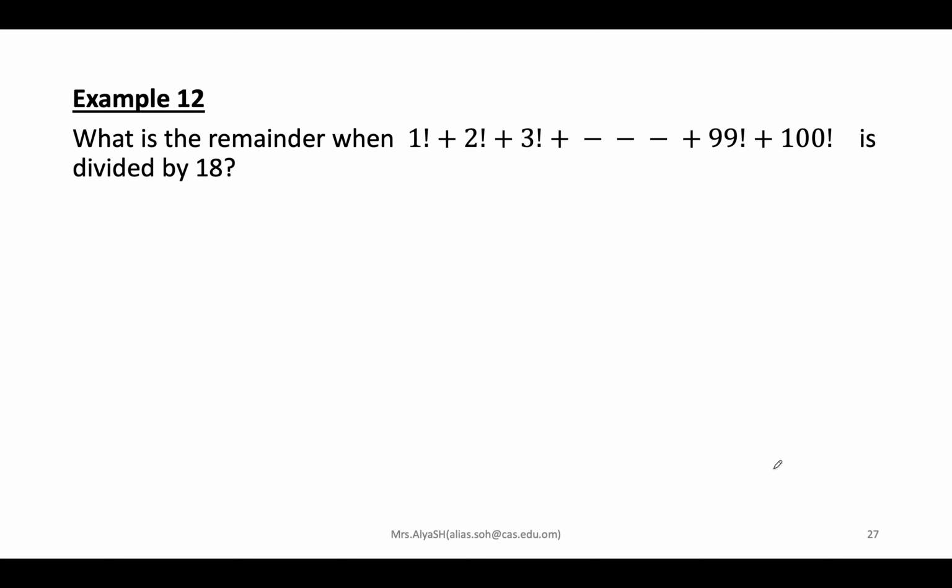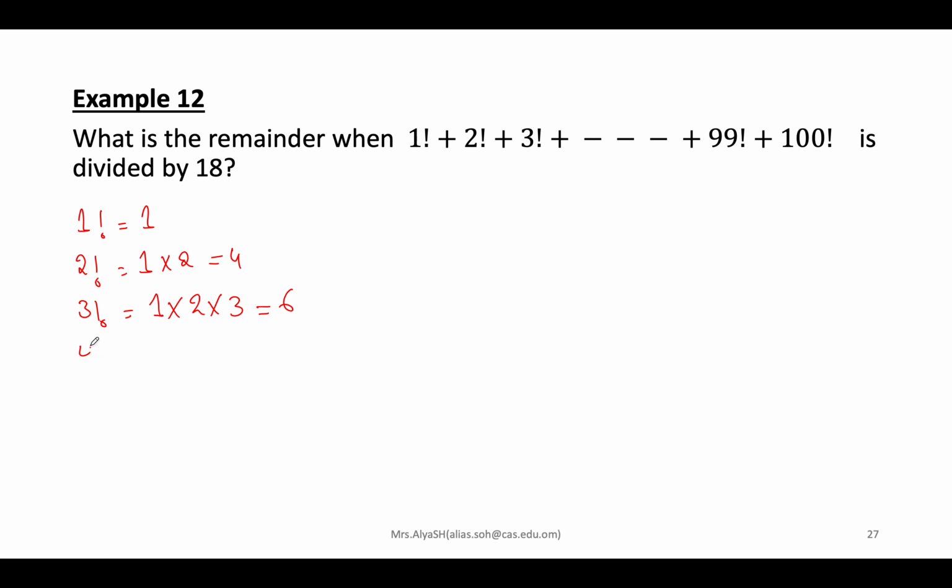Here we have another shape of problem. We have the factorial, and we know that 1 factorial is 1, 2 factorial is 1 times 2, which equals 2. Then 3 factorial is 1 times 2 times 3 equals 6.